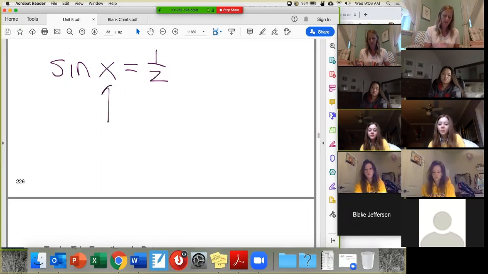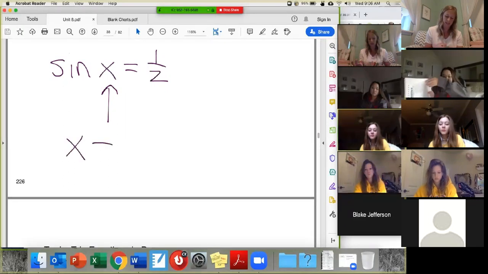What we're technically solving for here is x. X is the angle, whether I tell you radians or degrees. But think about those blank charts that I brought up just a minute ago. Anyone remember where on our blank chart sine is equal to 1/2?